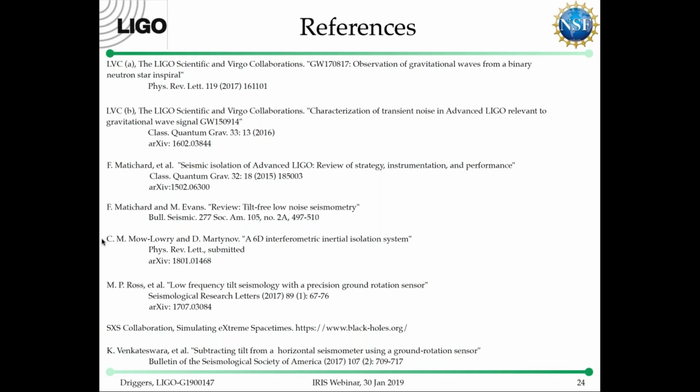But the process is the same there as it was here in the 90s: look at typical year-round ground motion in a variety of different areas. Try and understand where in the country is seismically relatively quiet and can also offer a wide enough landscape that we can put a 4-kilometer L shape. And we also wanted it to be close to reasonable size airports so that we can have visiting scientists come and help us out regularly.